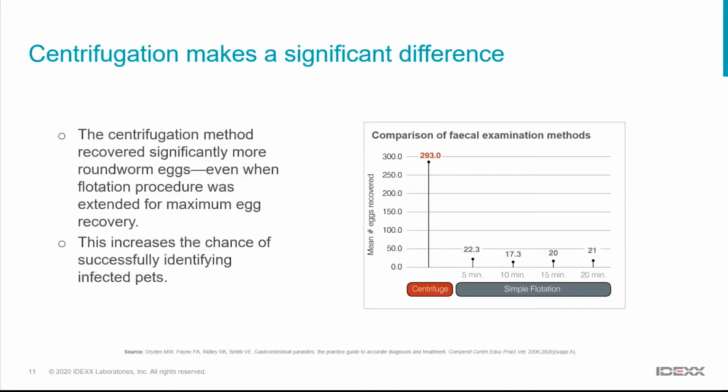So this is looking at some data from a study. It was done a few years ago now, back in 2006. It was published in the Compendium, and it was comparing, on the same fecal samples, the number of eggs recovered from a simple flotation technique at different flotation times, so 5 minutes, 10 minutes, 15 and 20 minutes, and comparing that to the flotation centrifugation technique.